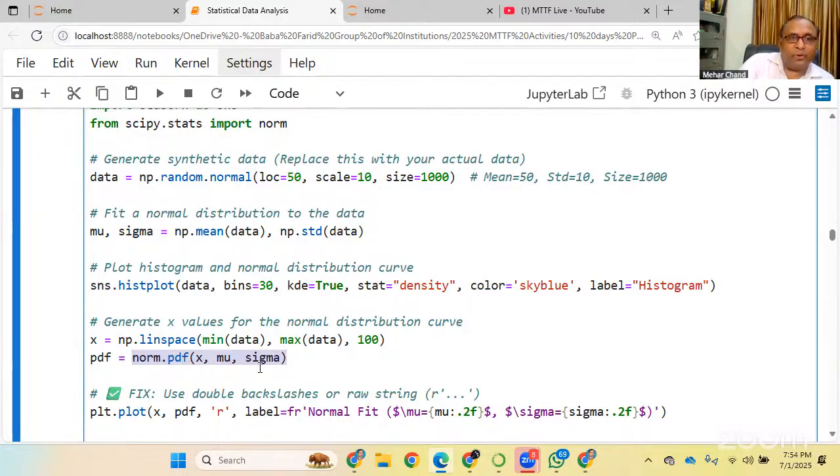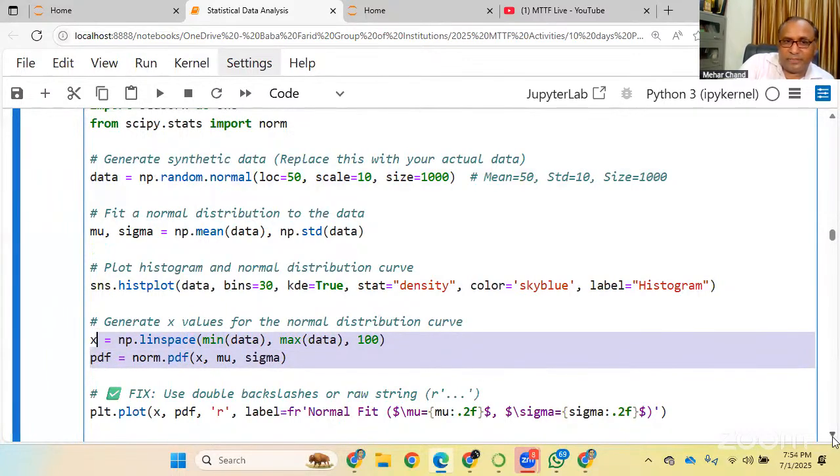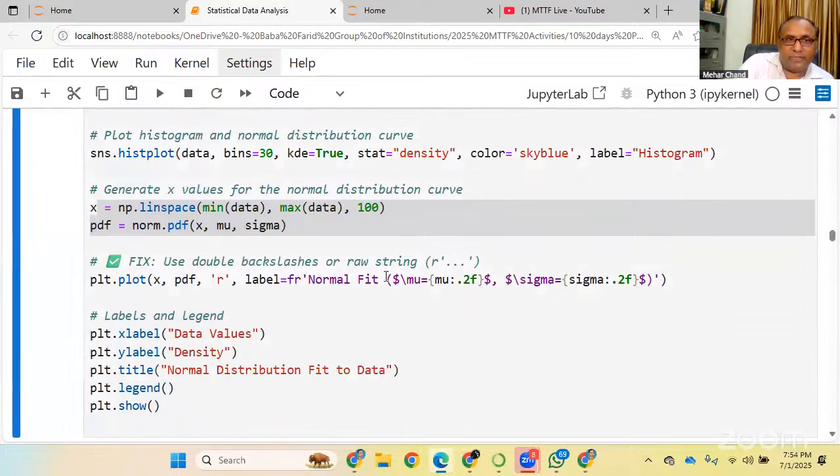Now we have two graphs. One is the histogram, which is at its place, and the second is the normal distribution, which will be generated with the help of this. So what we do here is plt.plot(x, pdf). This is used for the normal distribution.